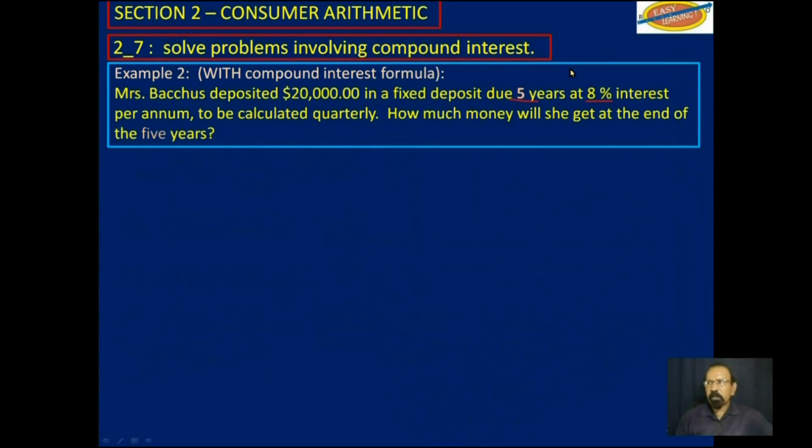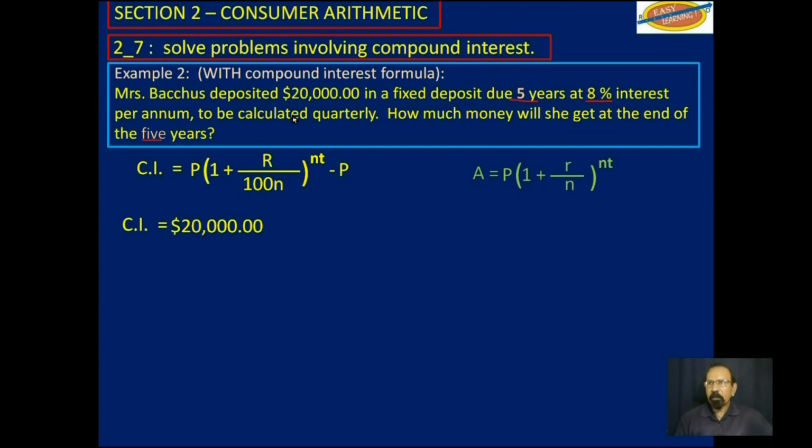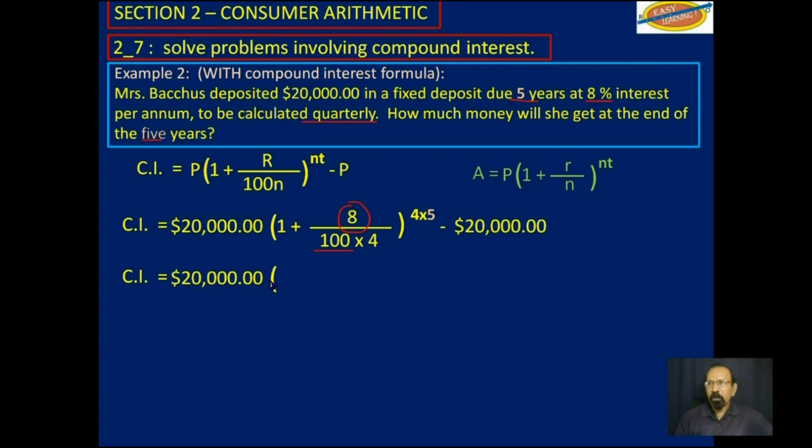5 years, 8%. So compound interest, 20. Now, it's calculated quarterly. 8 over 100, and so you get 20,000 multiplied by this part here to the 20th power.